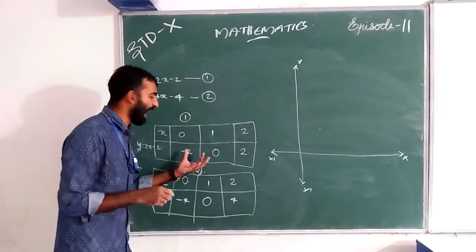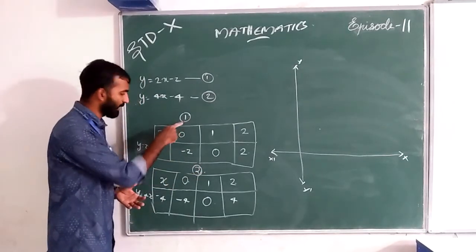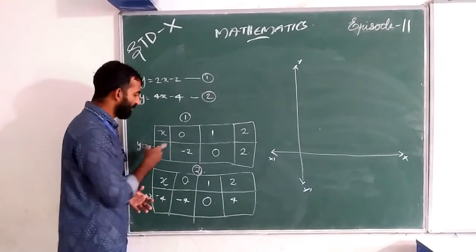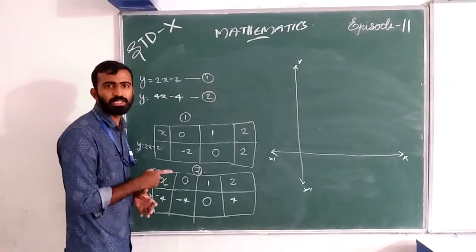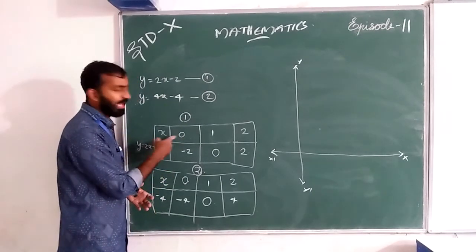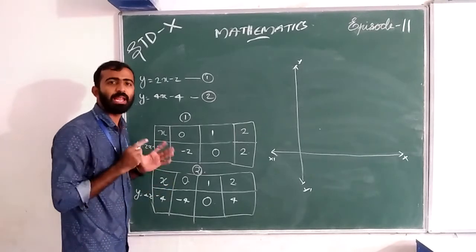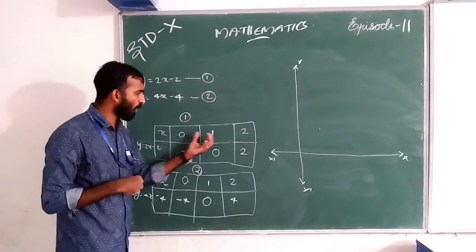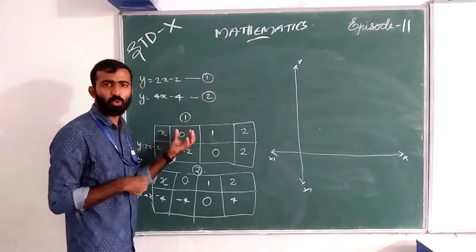In equation number 1 I take 3 coordinates of x, then we get the corresponding 3 y coordinates. You can take any number for x, and you must get the corresponding y coordinate. I take 0, 1, 2 on the x coordinate.